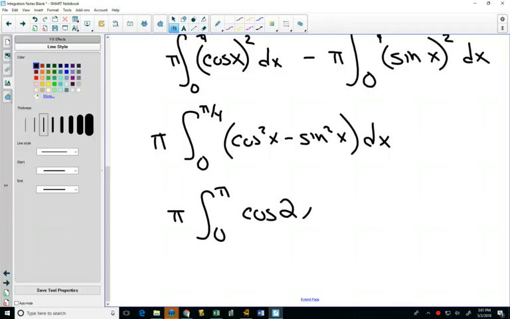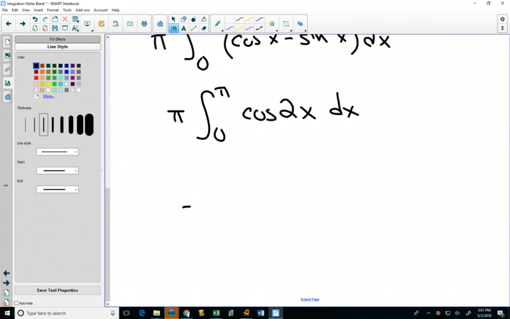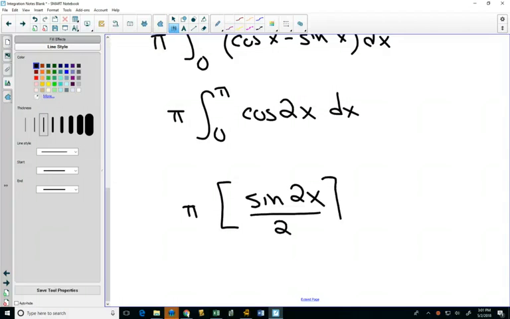Because you just divide by 2. And cos 2x we can do the integral for. The integral of cos 2x is sine 2x divided by 2 from 0 to pi over 4.